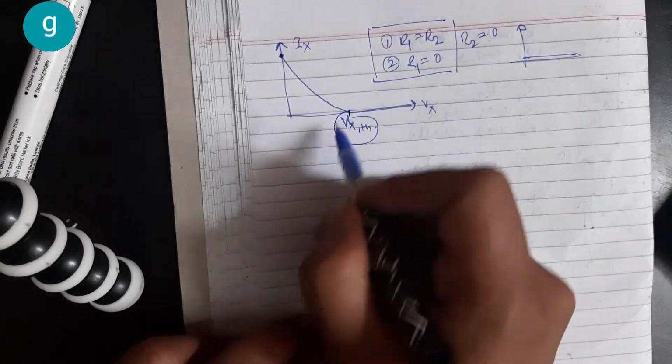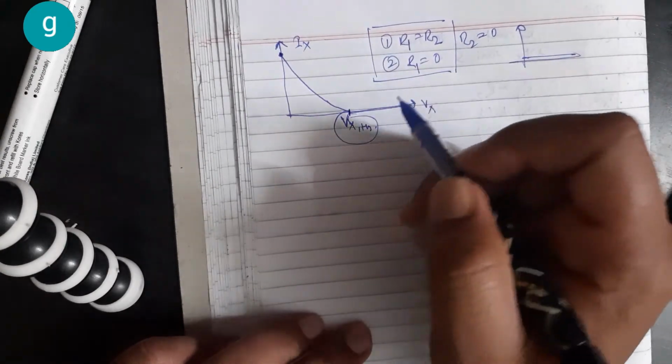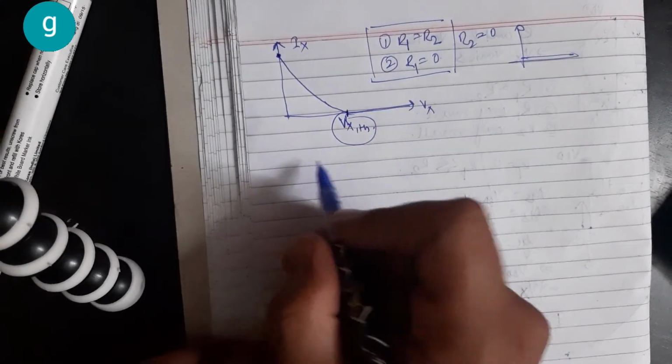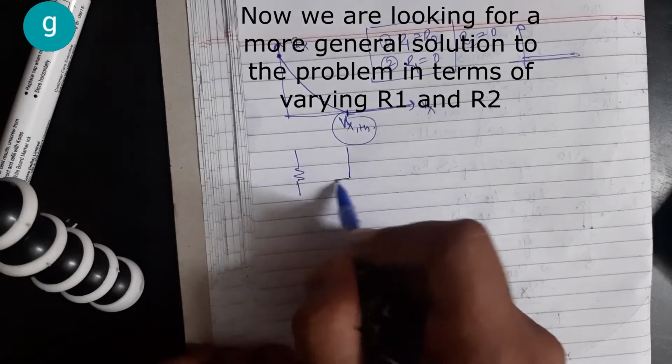Now let us find out this value in terms of R1 and R2. So let us draw the circuit for it.